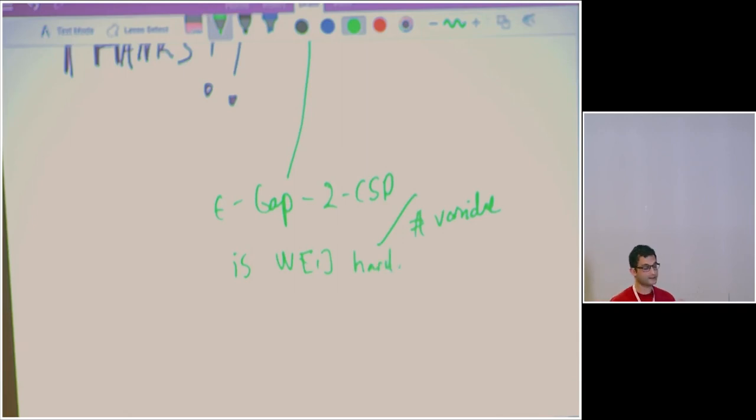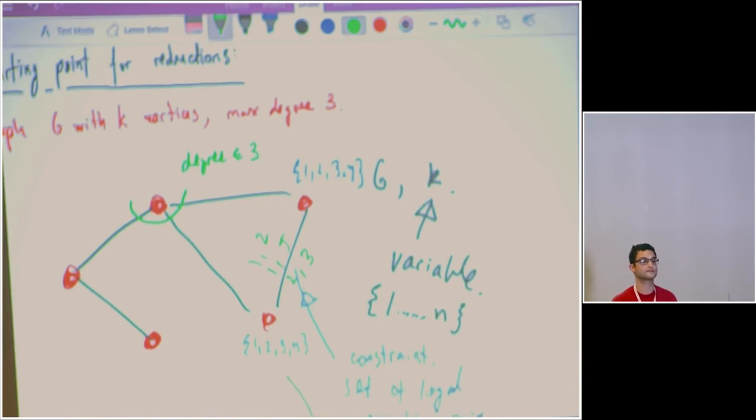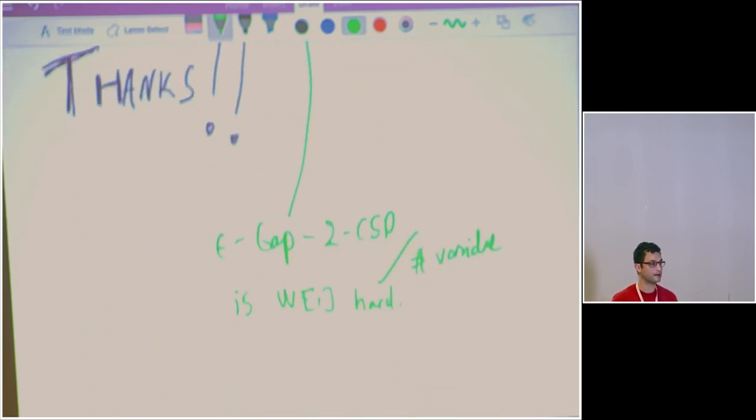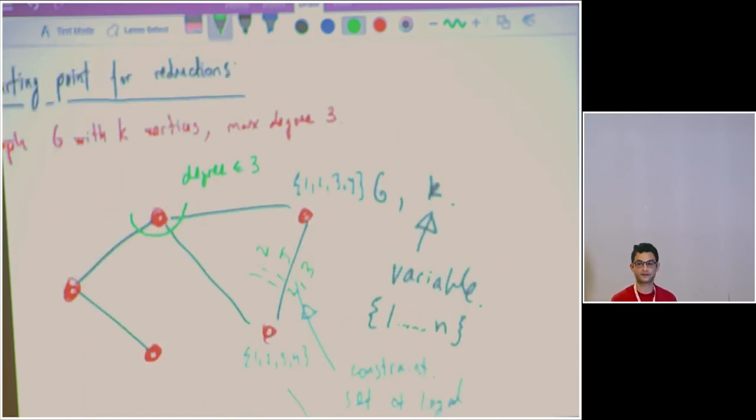It is a nice exercise to show that assuming Gap ETH, there is no FPT algorithm that distinguishes between instances that are in fact satisfiable and the ones that are at most 1 minus epsilon satisfiable. But I believe that you can actually prove, assuming FPT not equal to W[1], that such an FPT approximation doesn't exist.